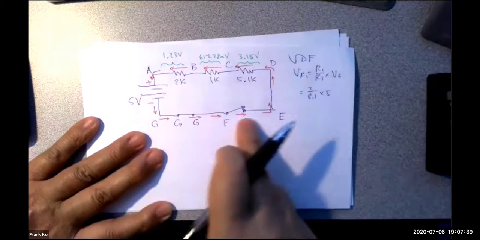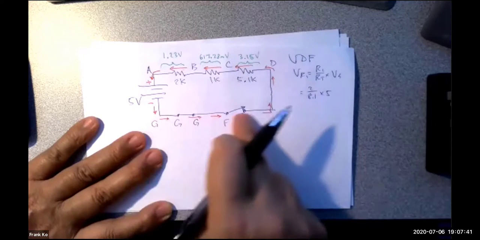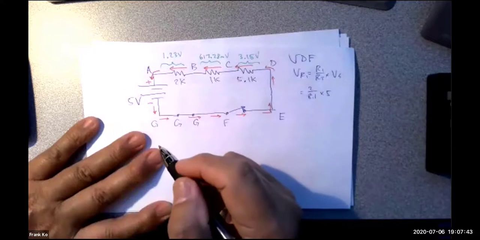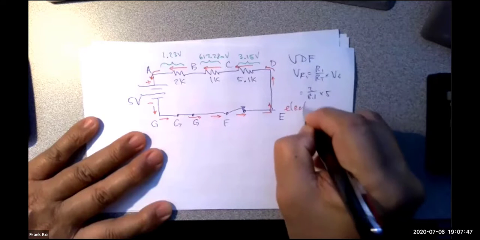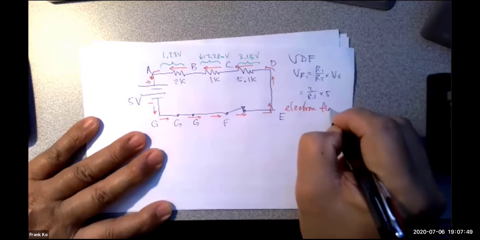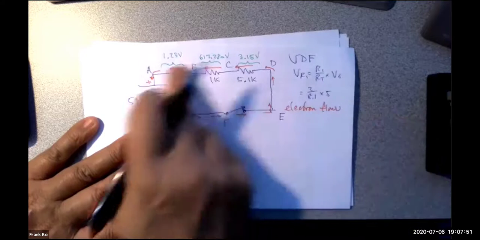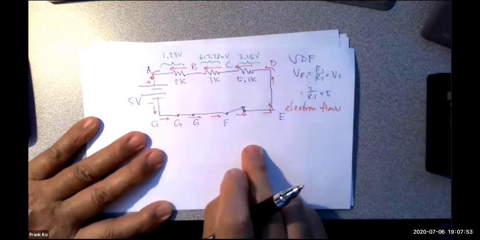Is that the correct direction for electrons to flow in this circuit? So my electron flow is stated to be in what direction? Counterclockwise, CCW.